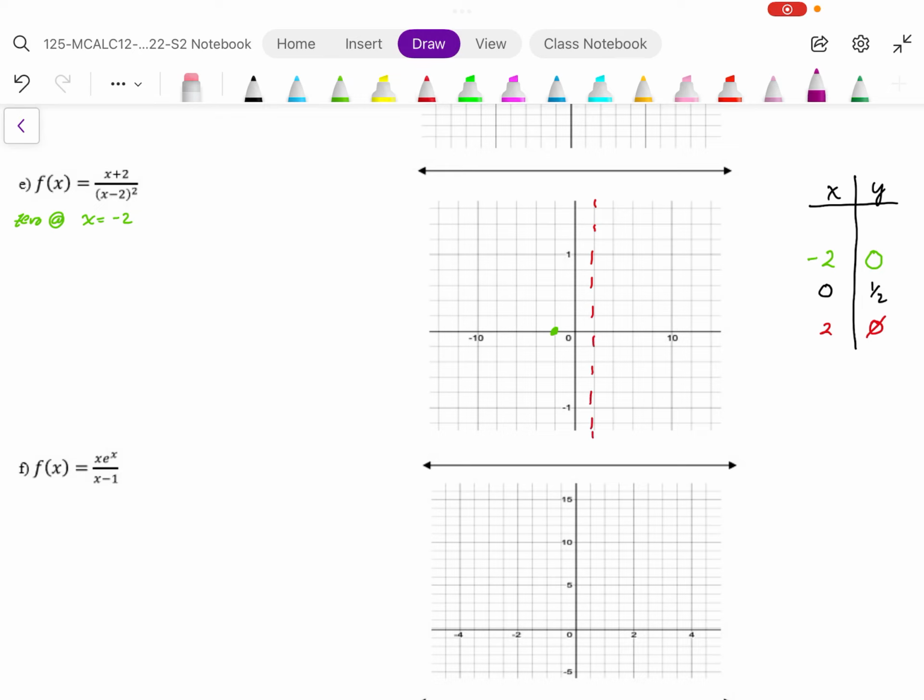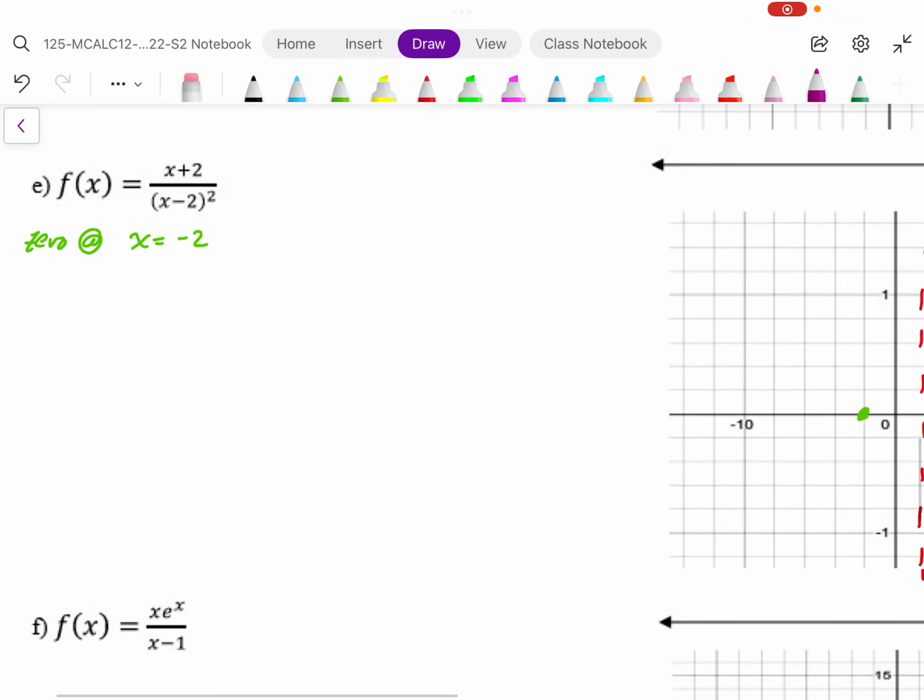So I'm going to look for some horizontal asymptotes, and I know I have horizontal asymptotes here because of my endpoint behavior: I have a denominator whose power is greater than the numerator. Although this gives me the same asymptote going to left and right, I'm going to do some sign analysis.